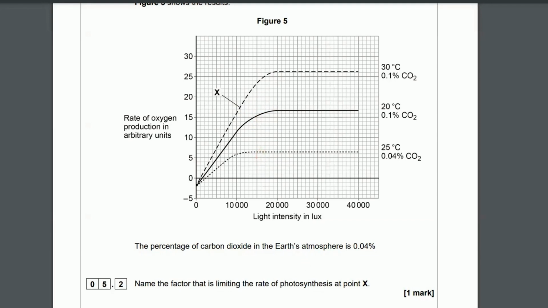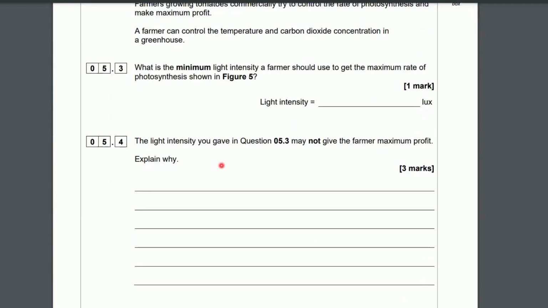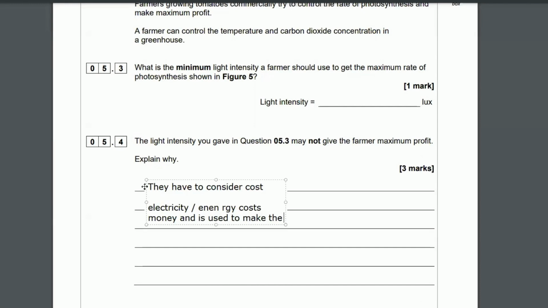So let's put that into our answer. They have to consider cost. Electricity or energy costs money and is used to make the light intensity.